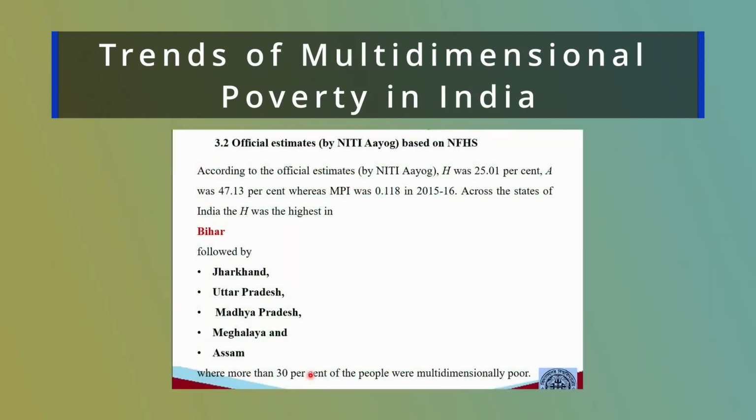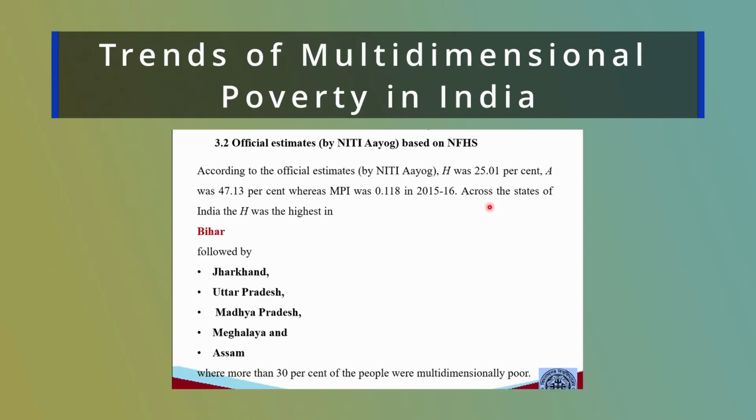And if you consider the estimation by NITI Aayog for the year 2015-16, then we can say that 25.01% people were multidimensionally poor in India, whereas the intensity of poverty was 47.13% and the multidimensional poverty index was 0.118 in 2015-16.